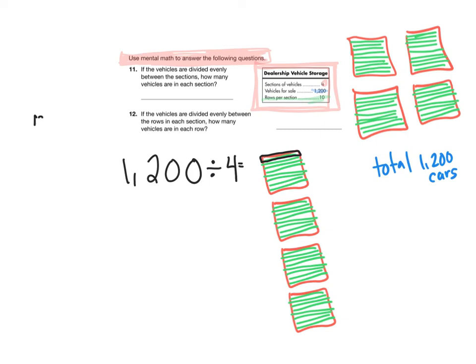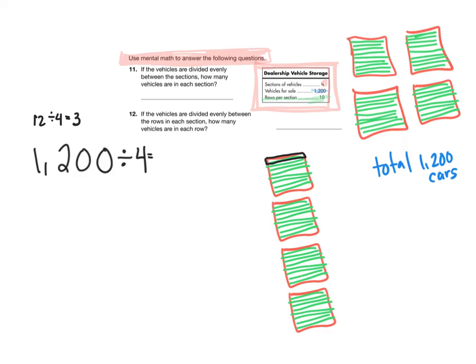Let me start with just 12 divided by 4, which is 3. And then I know, let me make some space. Okay, and I have 2 zeros. So my quotient also needs to have 2 zeros. So 12 divided by 4 is 3, and 2 zeros gives me 300.